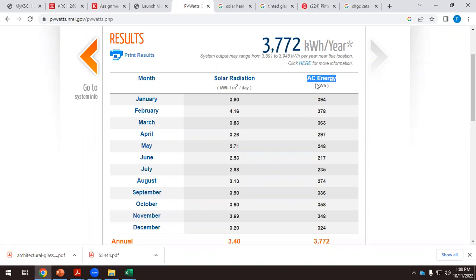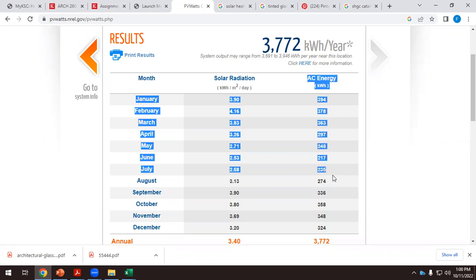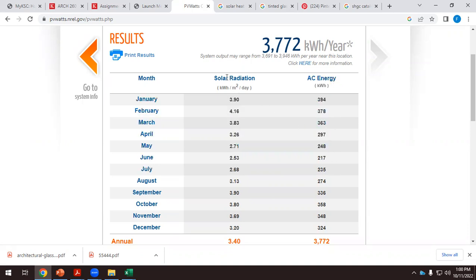But again, we're not analyzing PV panels yet. So the values that we need are these, the solar radiation. This is the solar radiation that gets to the element. It can be a solar panel, it can be a window. That's the solar radiation that we have outside the building.